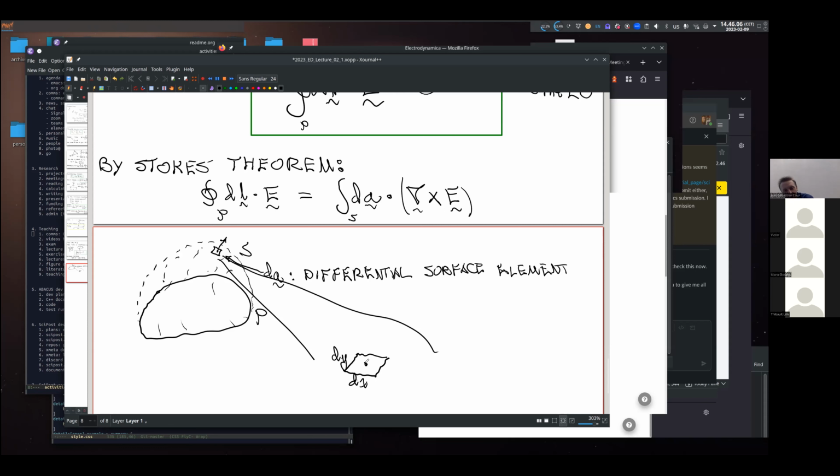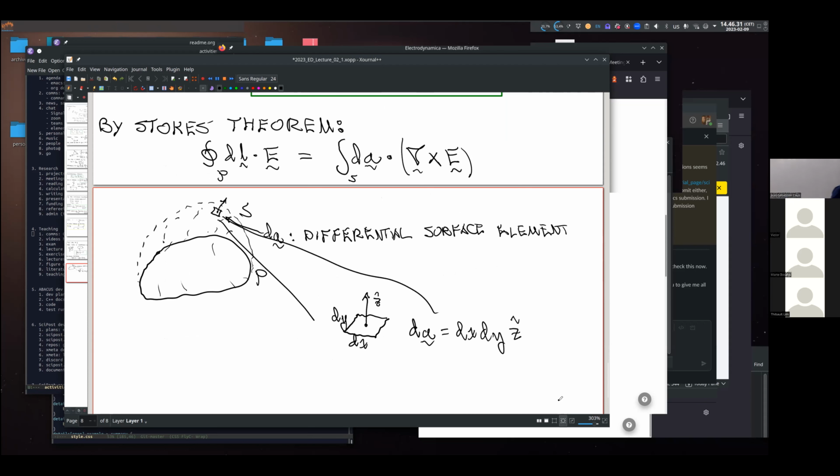And there's a vector which is perpendicular to it that goes like this, okay? So let's say this is going in the z hat direction like this, just by choosing a local coordinate system. Then this dA would be dx dy in the z hat direction, okay?